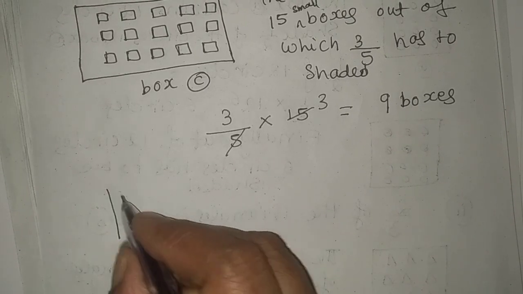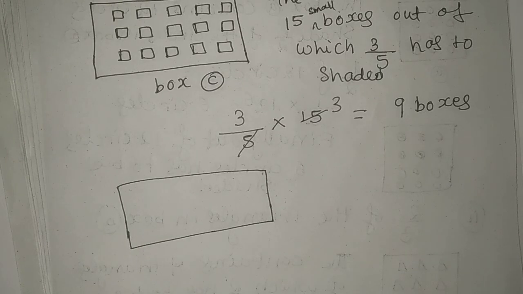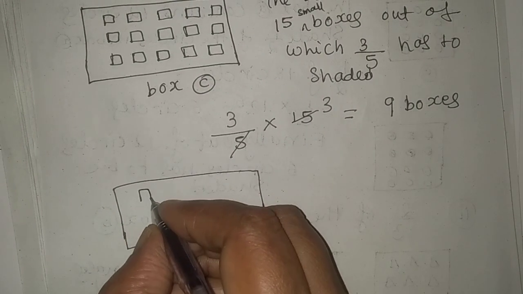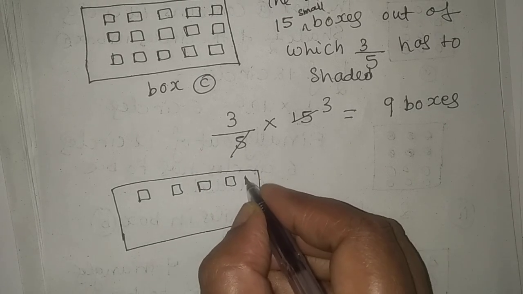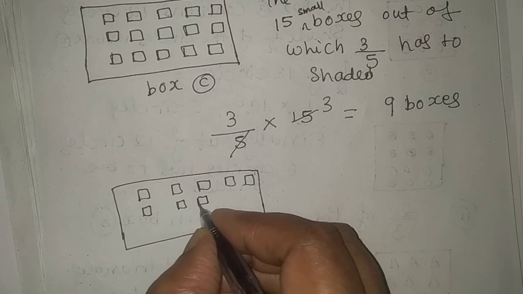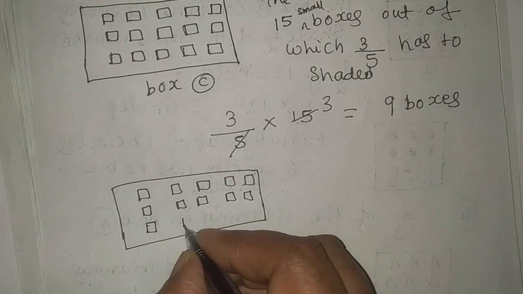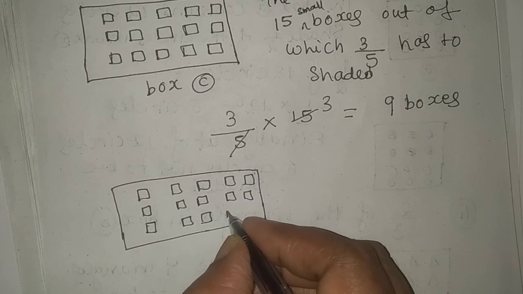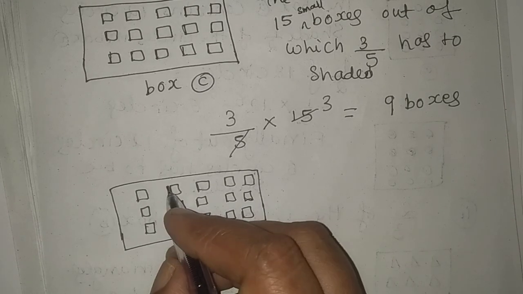Finally, write down the box again. Then write down all the 15 boxes inside the big box. Then colored.